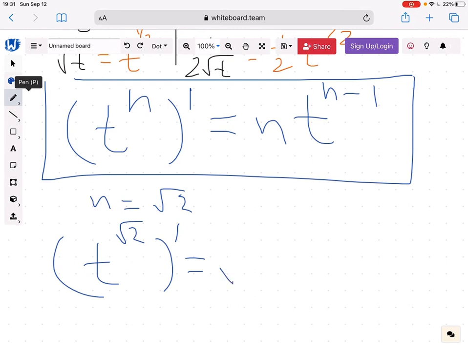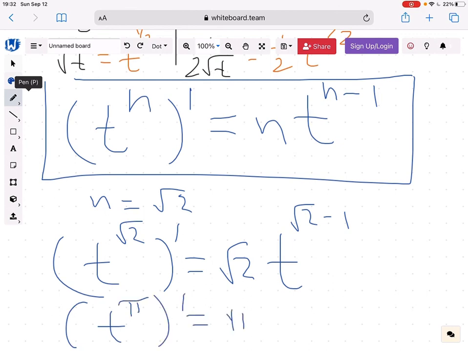We just apply our formula, which is going to be square root of 2 times t to the power of square root of 2 minus 1. You want to take t to the power of pi? Be my guest. It's going to be pi t to the power of pi minus 1. And it works for any power you want.